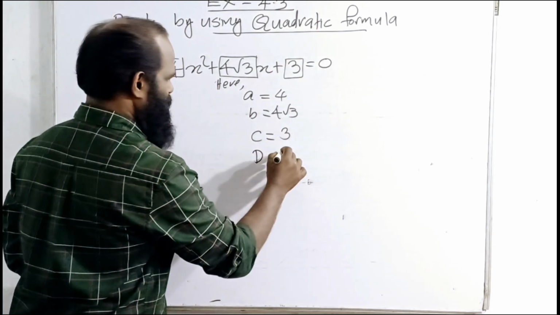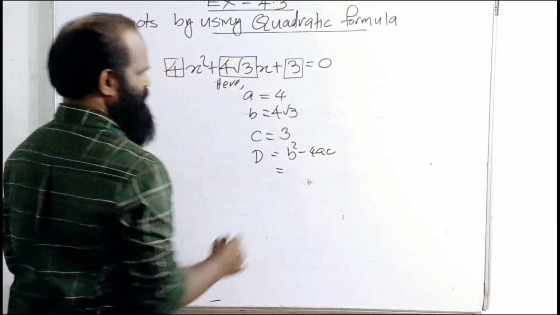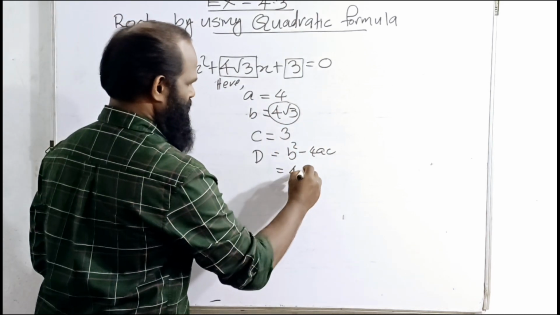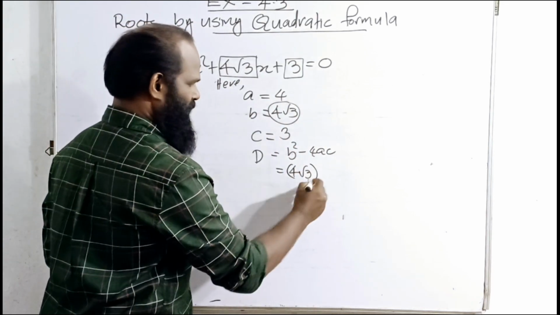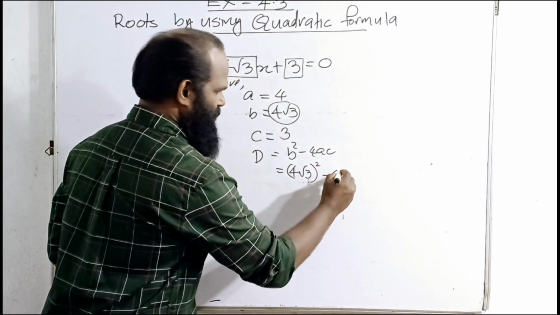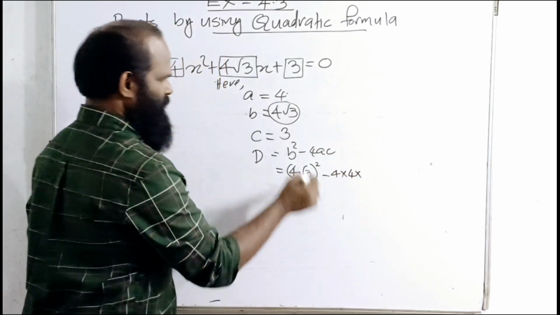Next, d is equal to b square minus 4ac. B is this one, so we write 4 root 3 square minus 4 into a into c.